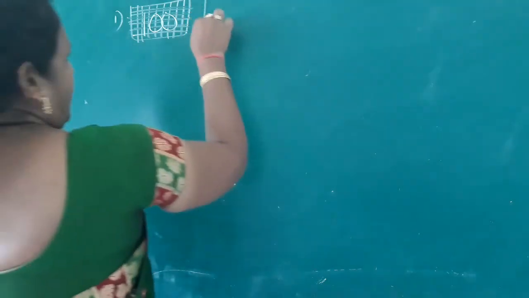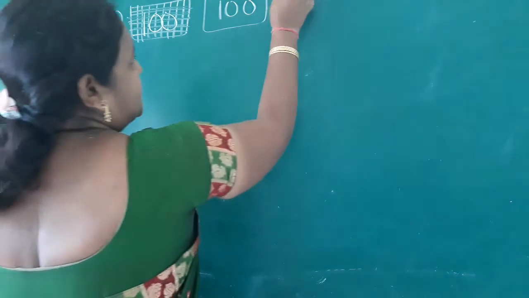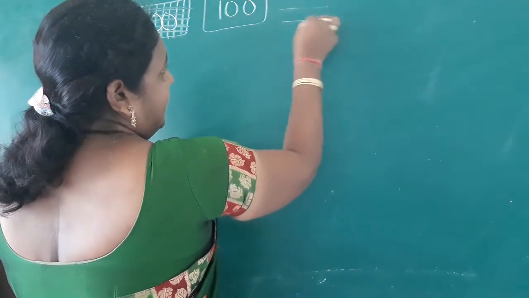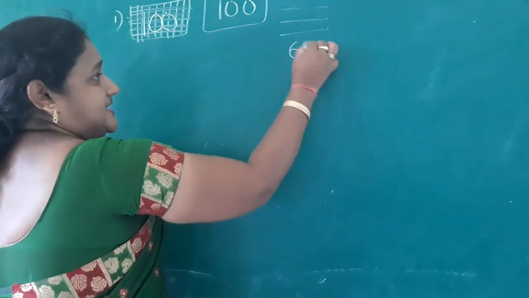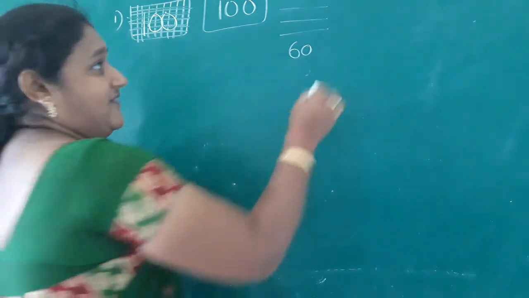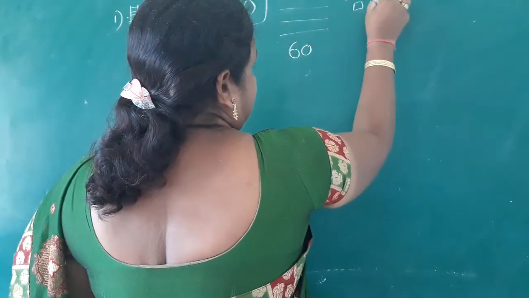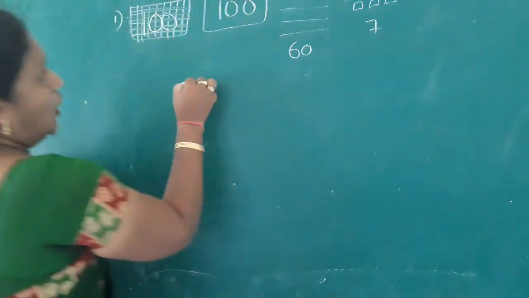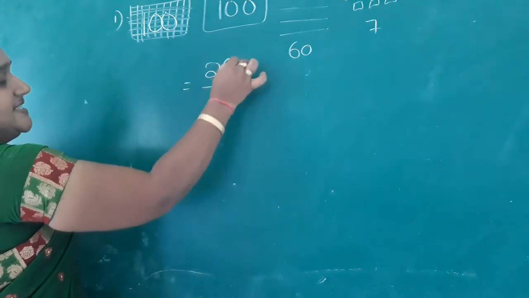Like that, one more box also given. It also has 100. And 6 spokes were given, each spoke having 10 blocks. 6 tens, 60. And 7 ones were given: 1, 2, 3, 4, 5, 6, 7. So totally how much are they asking? 200 plus 60 plus 7, 267.